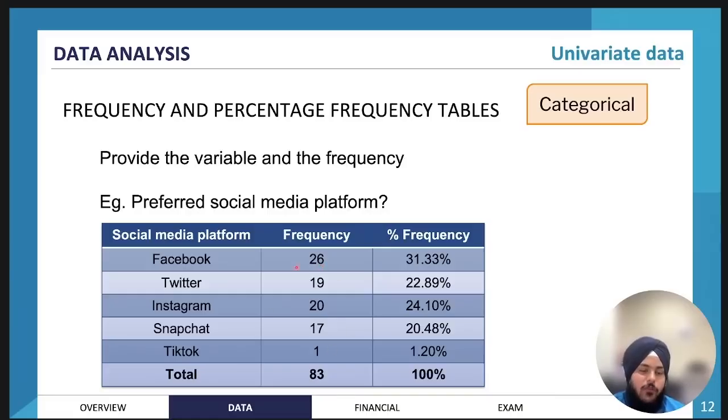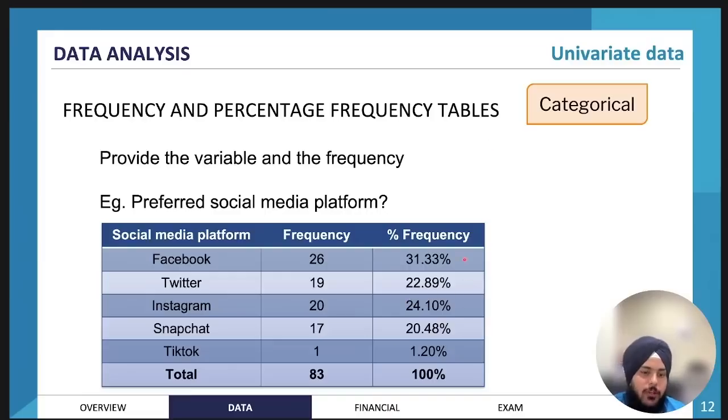And then we can convert this into a percentage frequency, which makes the data even easier to interpret. The total percentage frequency is obviously going to be 100% because that represents the entire data set, and then each percentage is how many people in that 100% have that preferred social media platform.